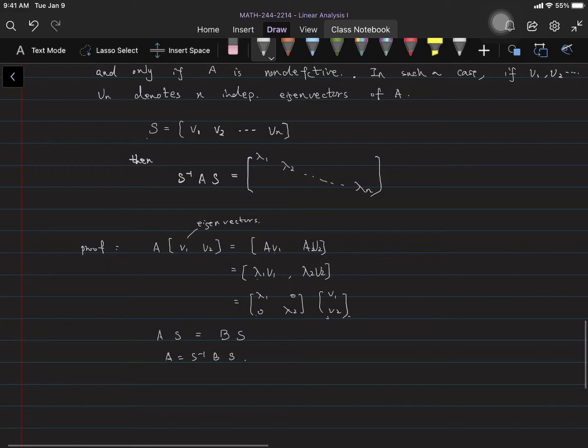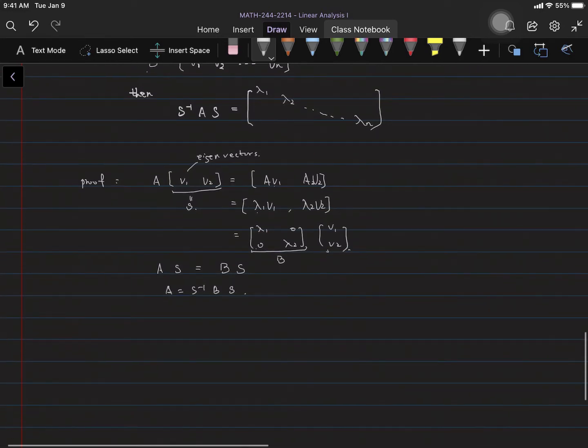And what is S? S is made by the eigenvectors. And what is B? B is the diagonal matrix made by all the eigenvalues. Okay, so this is the proof. I'm going to show you in the example how to do this kind of problem. Don't worry too much, okay? I will show you the detailed calculation.